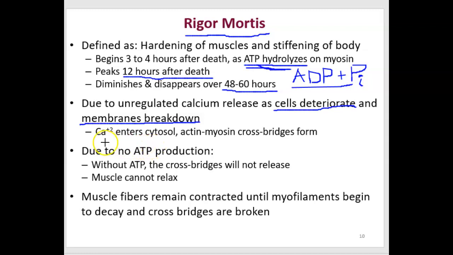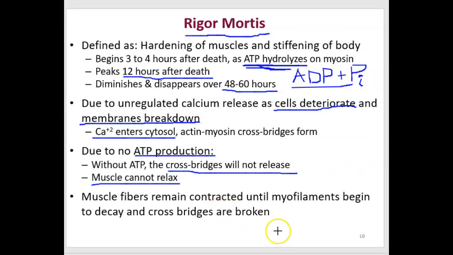It's unregulated. So while you've got myosin without ATP and lots of calcium from the breakdown of the cell, you're going to get cross-bridge formation. And if the cells aren't alive and taking in nutrients and oxygen, you don't have any more ATP production, so the cross bridges can't detach or release, and you can't get any normal regulated muscle relaxation.